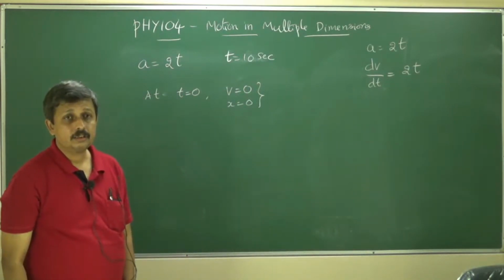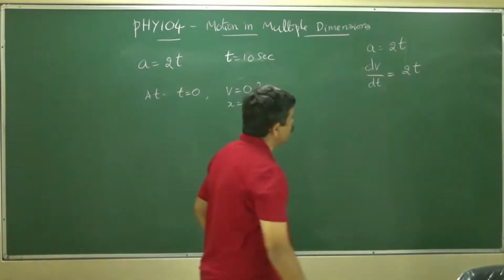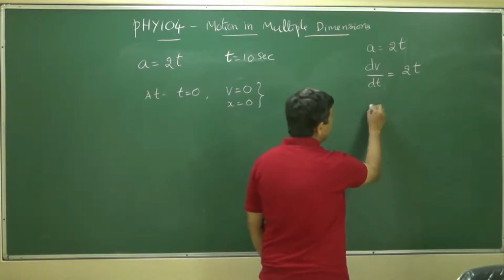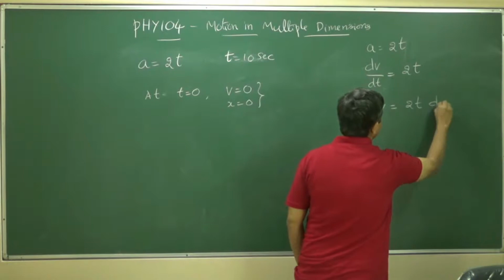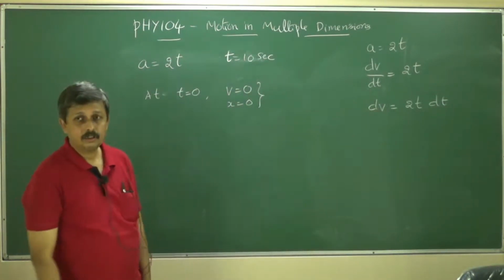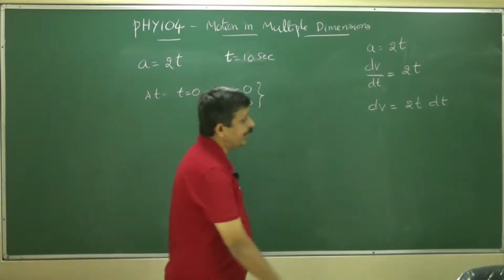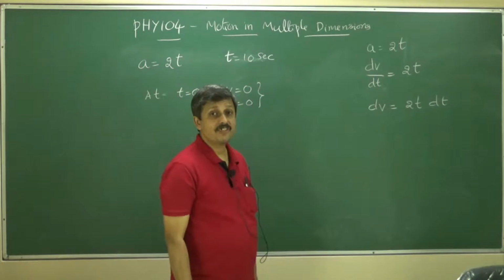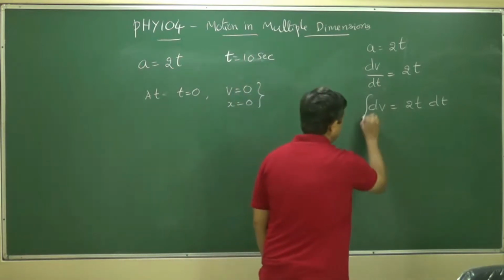Once we write dv by dt is equal to 2t, I am going to do like this. dv is equal to 2t into dt. So I have taken dt on the other side. Some of these things we have done during our integration scenario. Now I am going to integrate this.